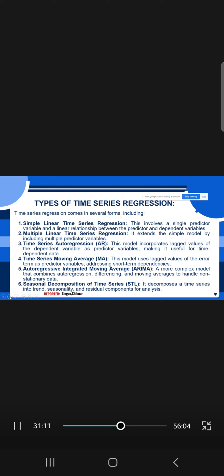Lastly, the seasonal decomposition of time series. It decomposes a time series into trend, seasonal, and residual components for analysis.